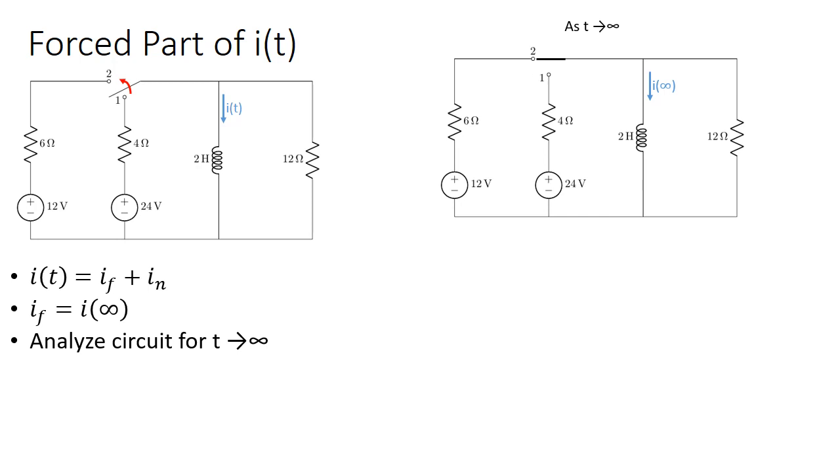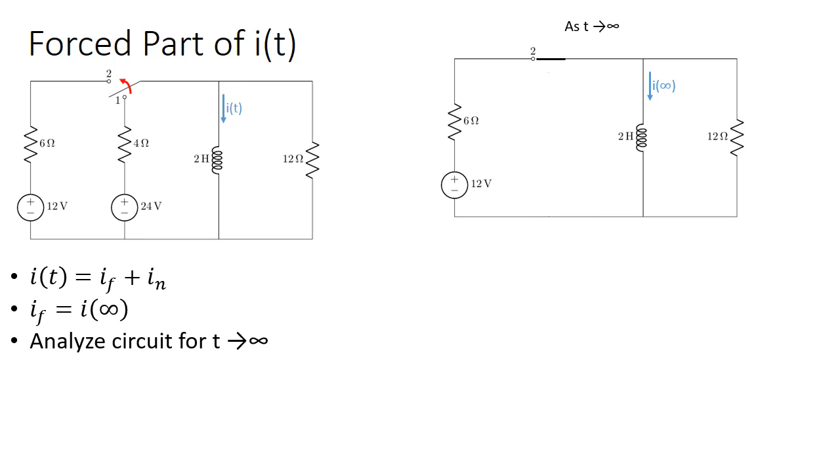We also want to find the current that's still flowing through the inductor as before, and what we'd like to find is I at t equals infinity, which is the forced part of the current. So let's take out that piece of the circuit that's no longer connected to everything else and look at what we have. So this is the circuit as t approaches infinity.